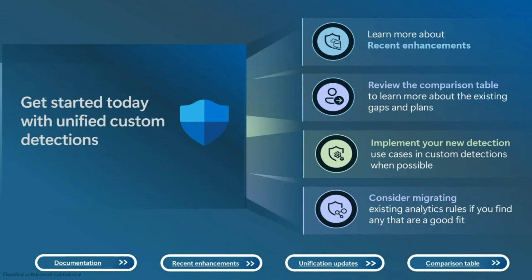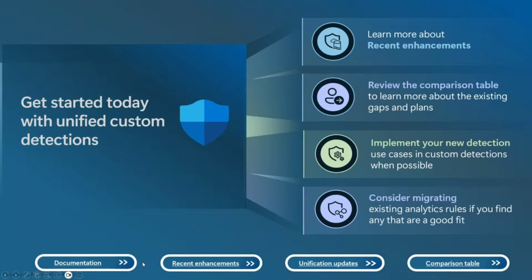So now let's talk about the call to action for customers, for you guys, right? So what you should do? First of all, if you haven't already, and hopefully after the custom detection is able to provide.